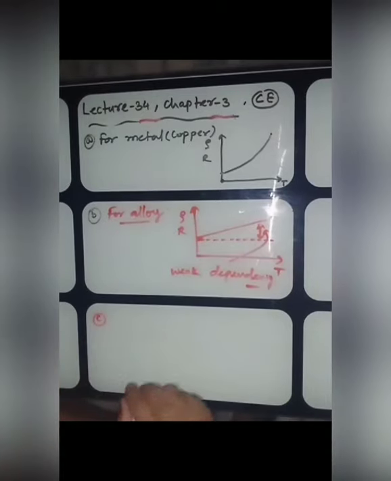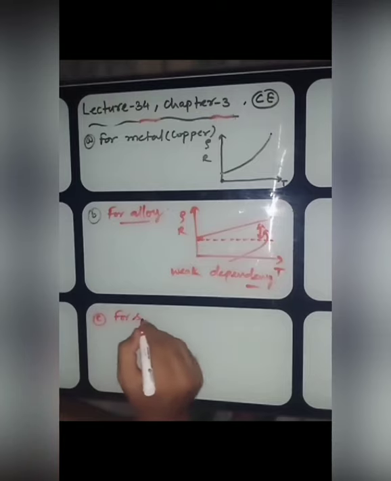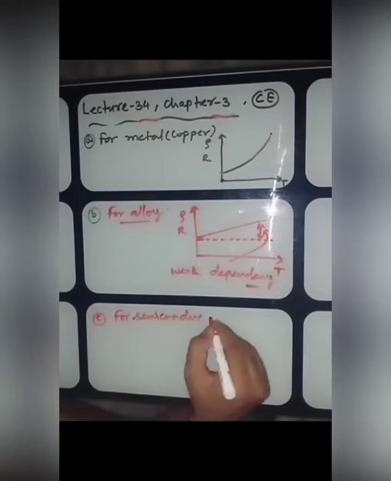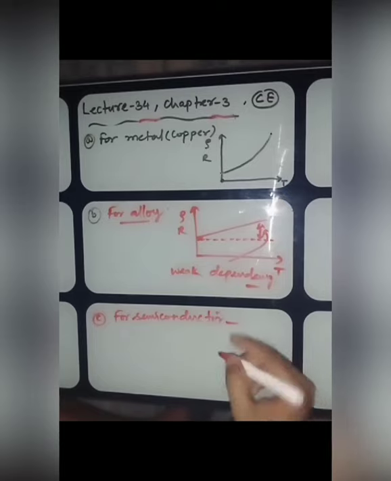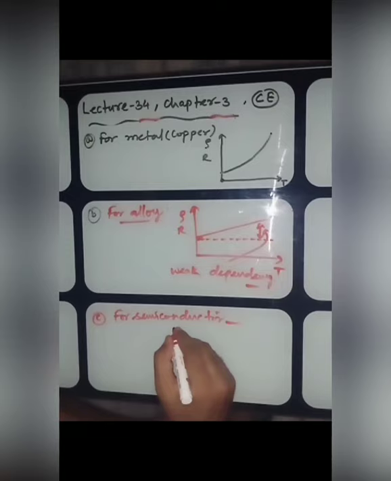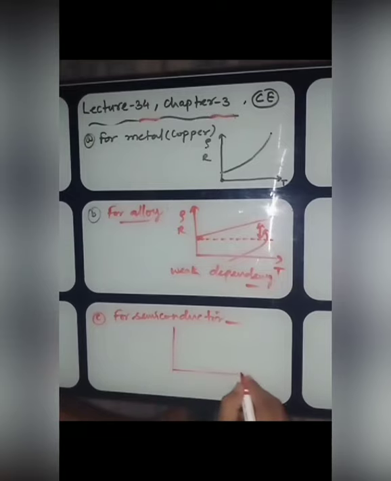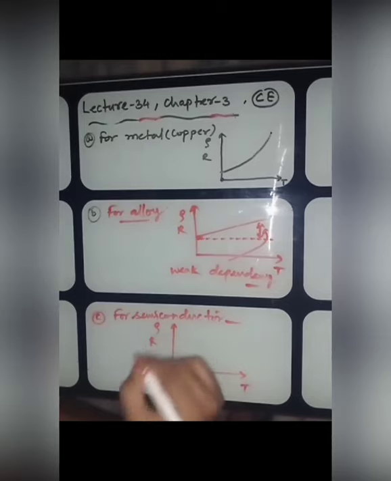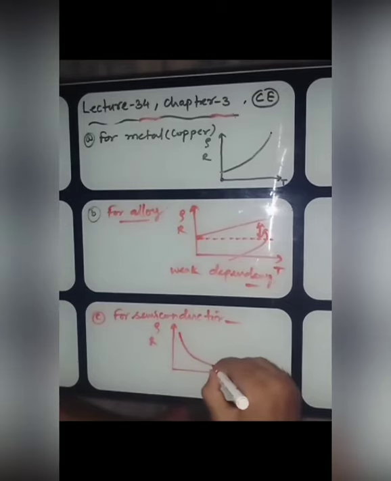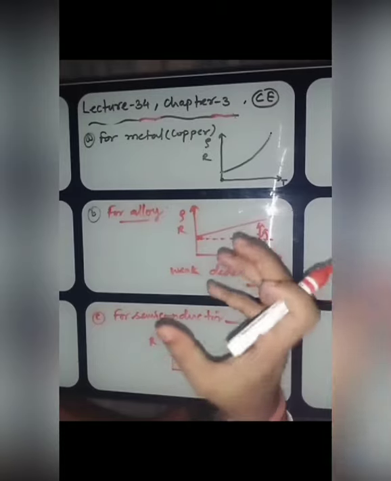And the third one is for semiconductor. We'll study it in chapter 14. That's a very small chapter. This is the plot of rho versus T, and as the temperature increases, the resistivity decreases for the semiconductor.